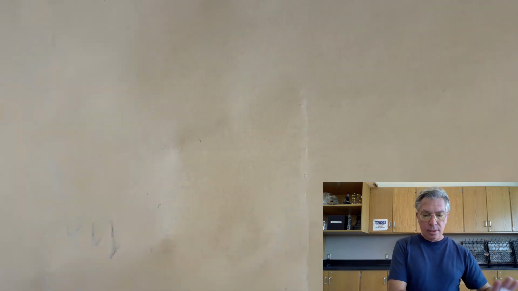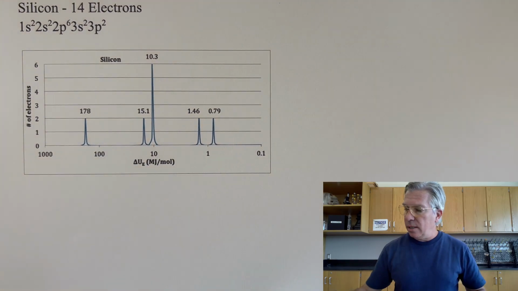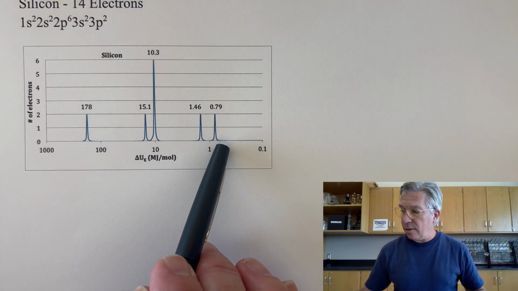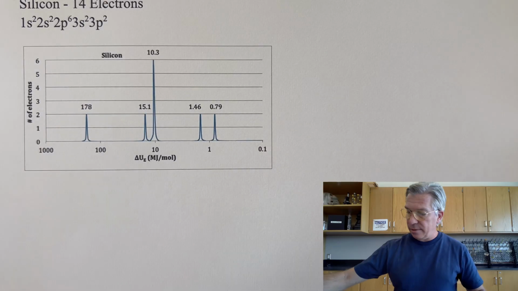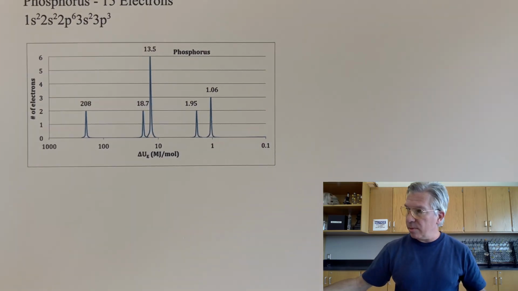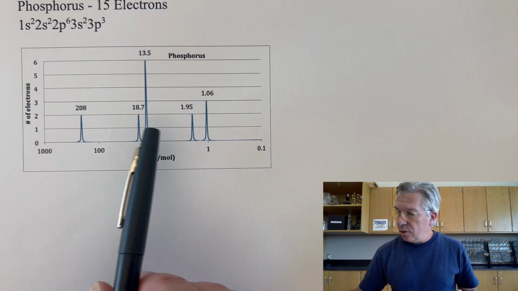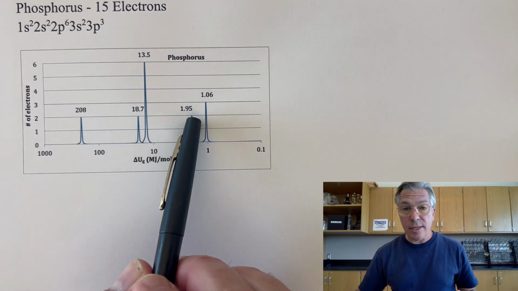Silicon adds another one in the 3p orbitals, so now it's the same height as all the s's. Phosphorus has 3 in the p orbitals. I'm going fast, you can always pause the video. 3, so now it's again 2, 2, 6, 2, and 3.